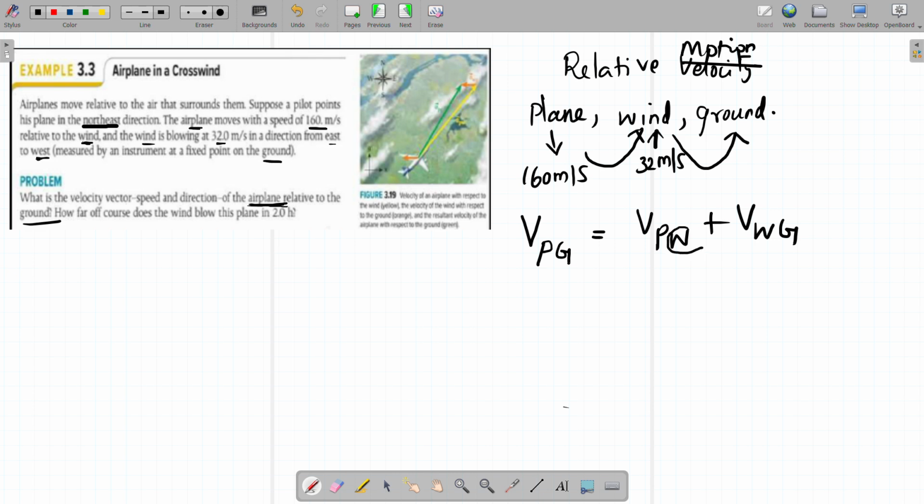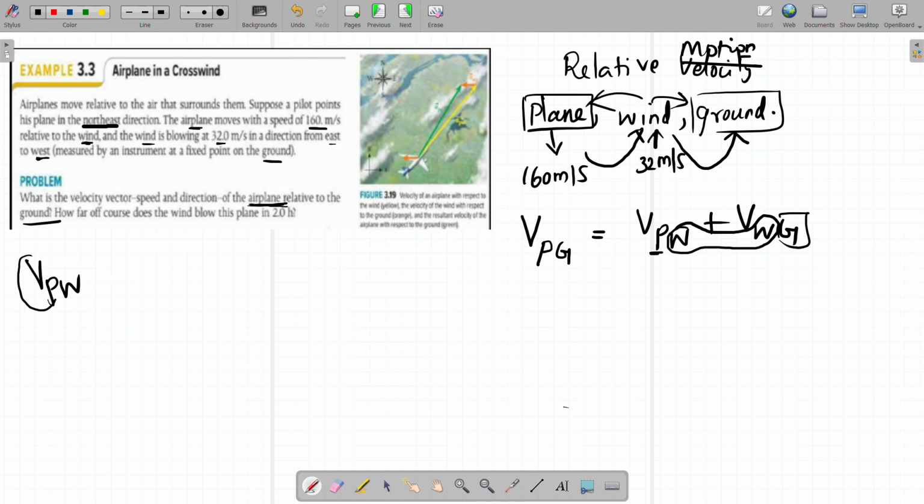Here W and W are common, the plane is the first object and the ground is the last object, and the wind is common to these two. VPW is the speed of plane with respect to the wind. VWG is the speed of wind with respect to the ground. We are just doing vector addition, not a normal addition, but it is easy.